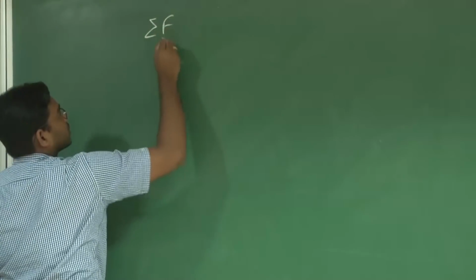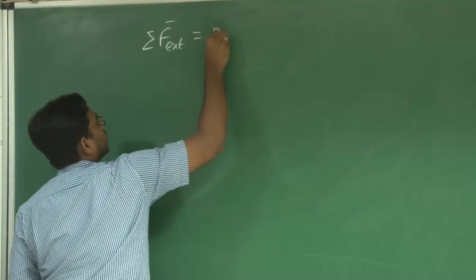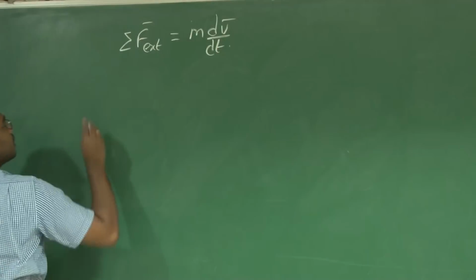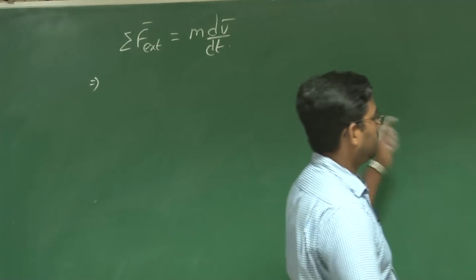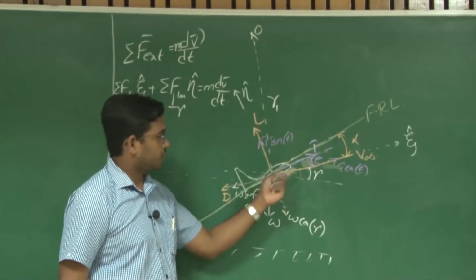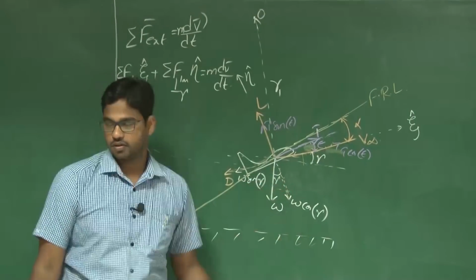Let us rewrite those equations here. So the total external forces, F external, equal the rate of change of linear momentum, right? While handling these equations, we assume that the aircraft is a point mass acted upon by these four external forces, right?